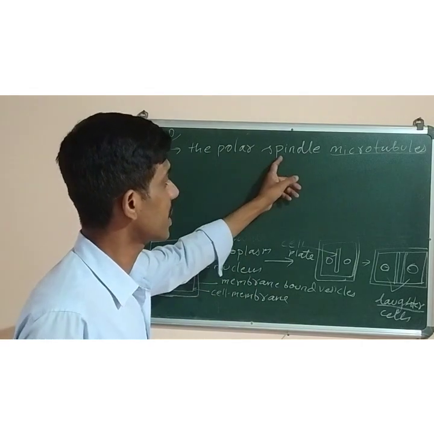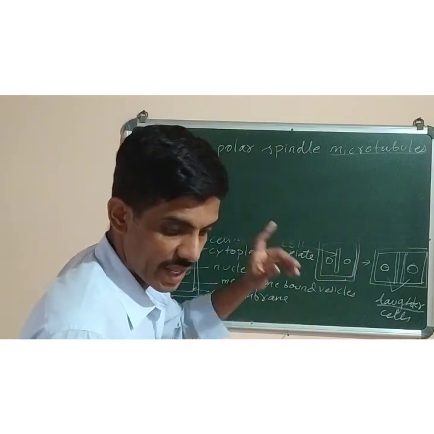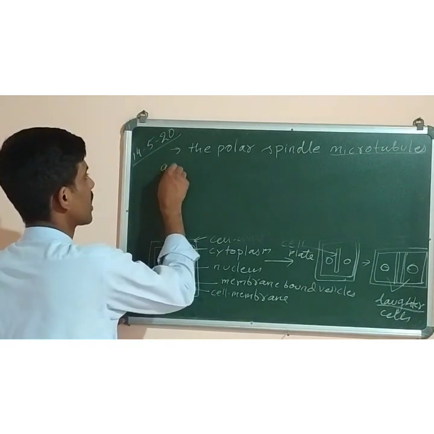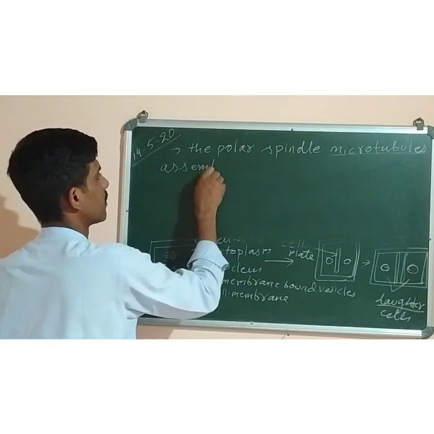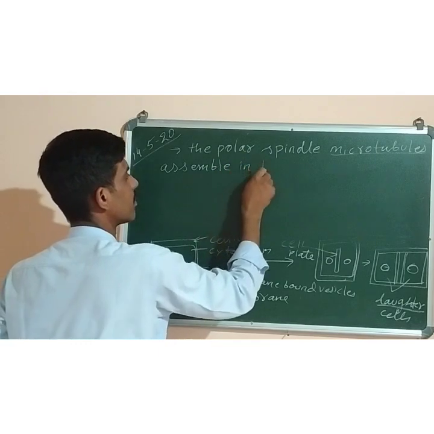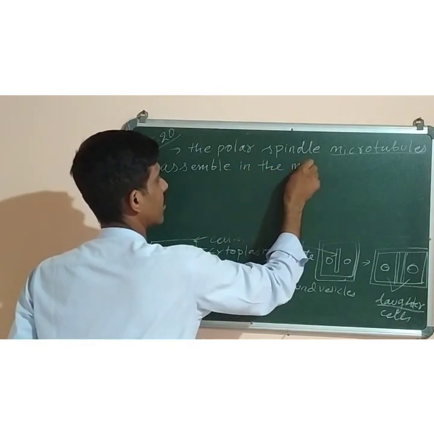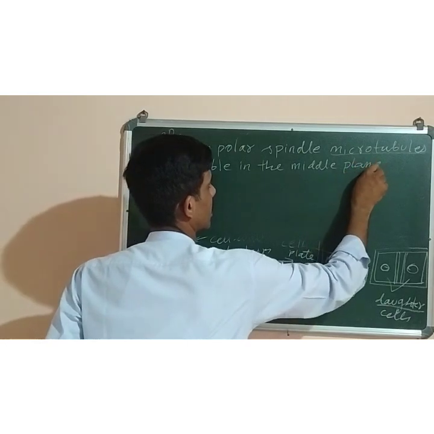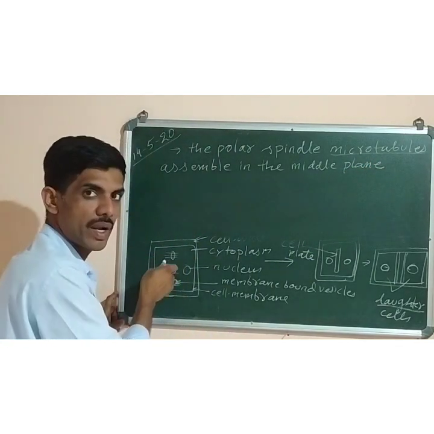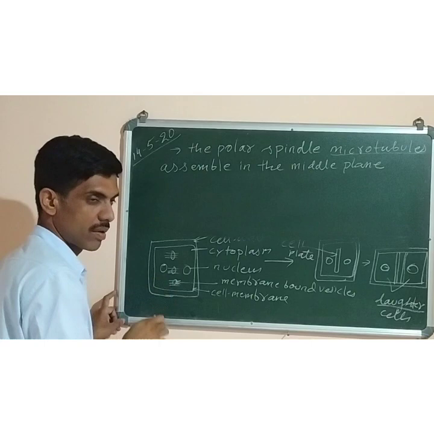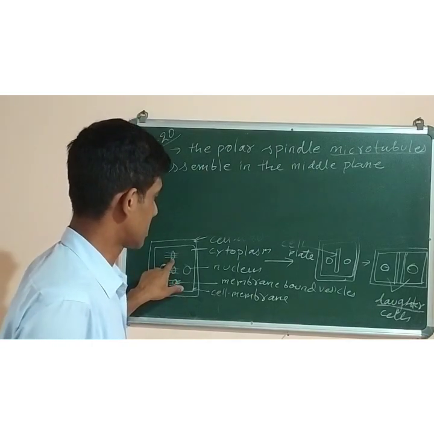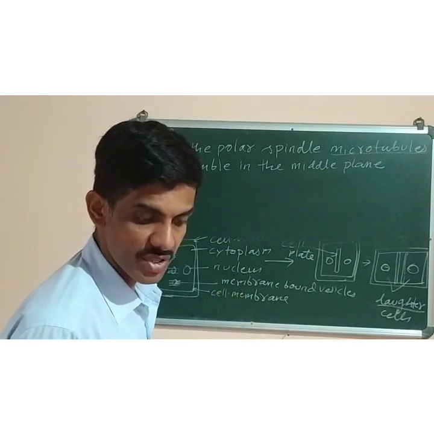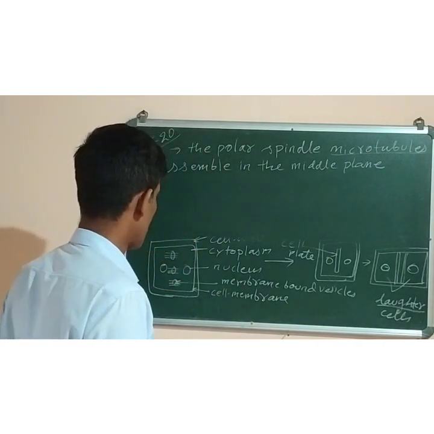The polar spindle microtubules assemble in the middle plane. Assemble means they will come together. Assemble in the middle plane. Here, they are coming in the middle plane. All the polar microtubules assemble themselves in the middle plane and form a cylinder-like structure called phragmoplast.